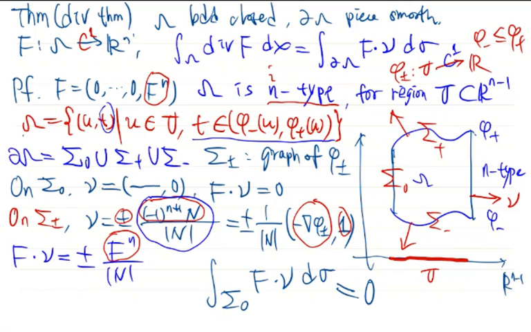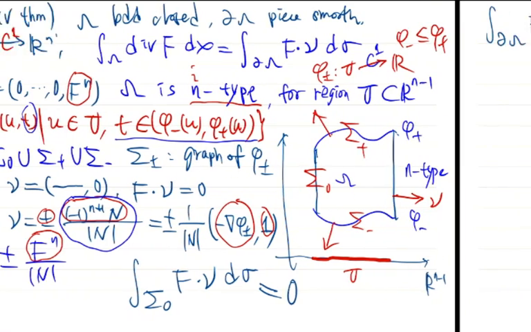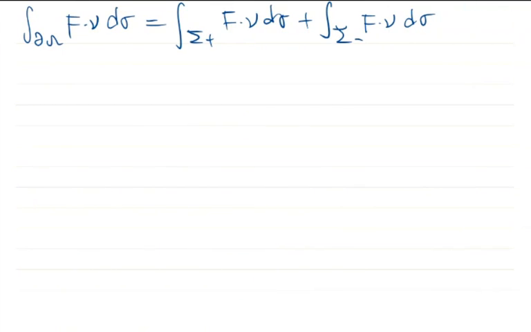And on sigma plus and sigma minus, you have F nu is Fn over the norm of n. Maybe I shouldn't go too fast.